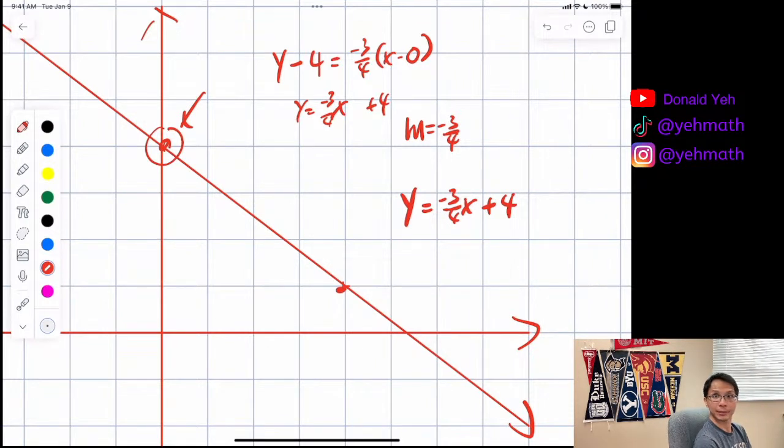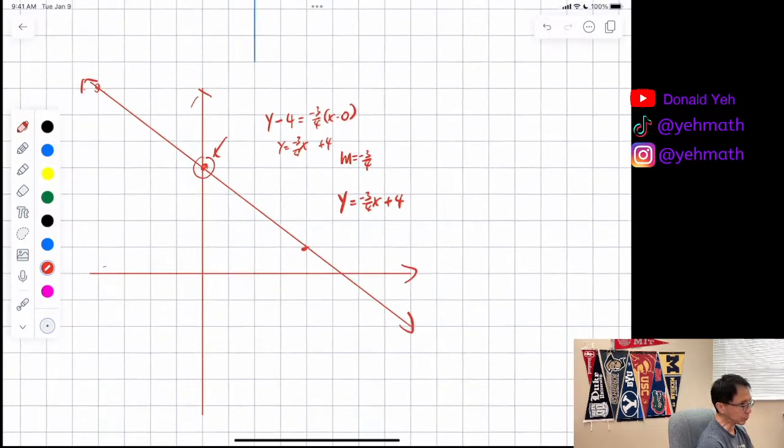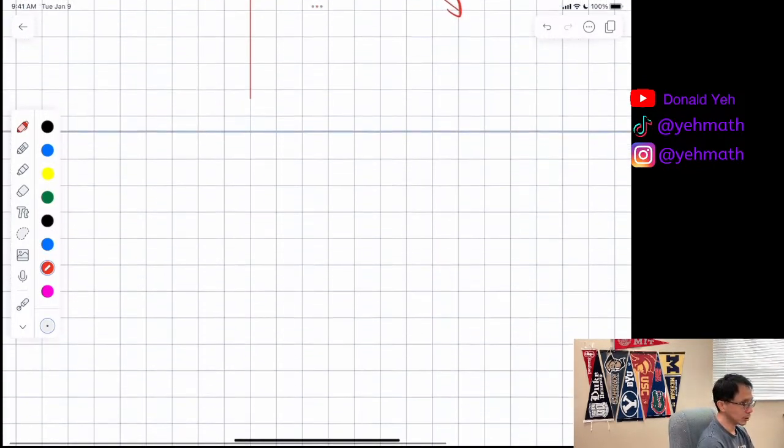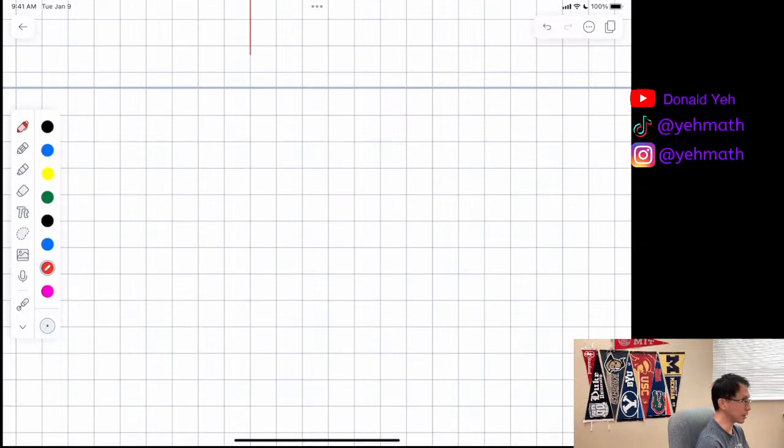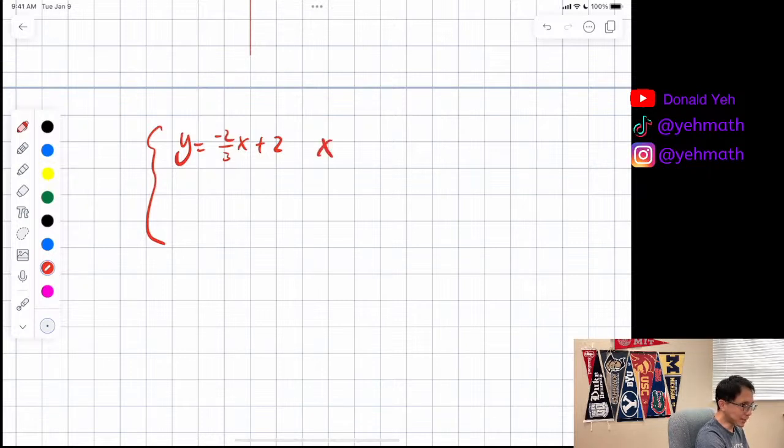Now I'm gonna teach you something a little bit harder. Do you know how to draw a piecewise function? So I'm going to say y equals negative 2/3x plus 2 when x is greater than 3. Wait, what does x greater than 3 mean?